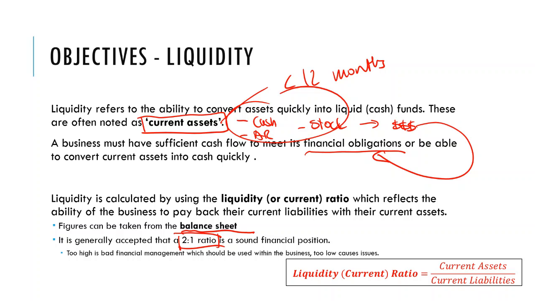assets to my liabilities. So if I have 10,000 in debt, I would ideally want 20,000 in current assets to pay off my current liabilities.